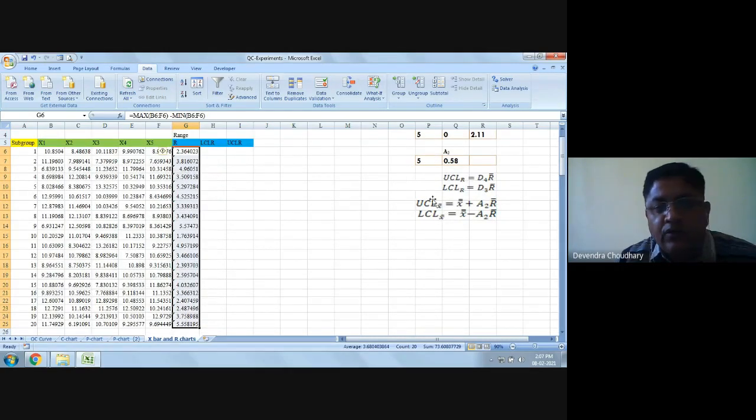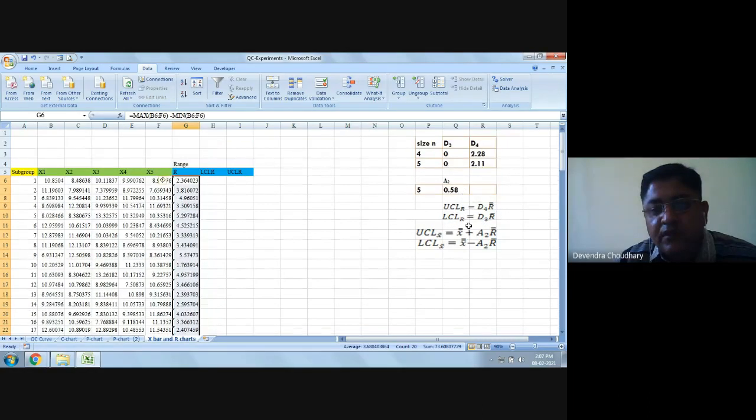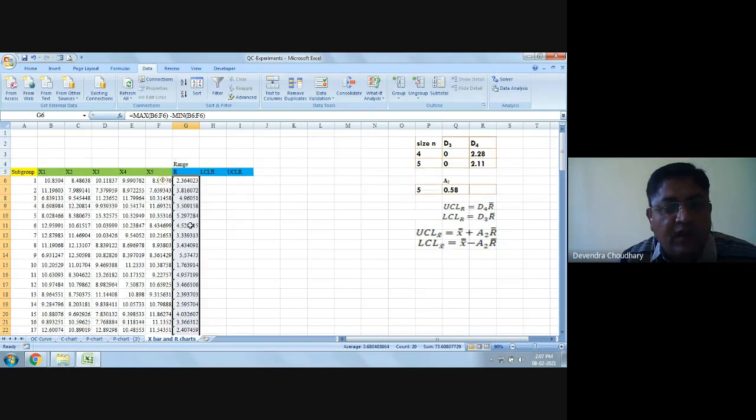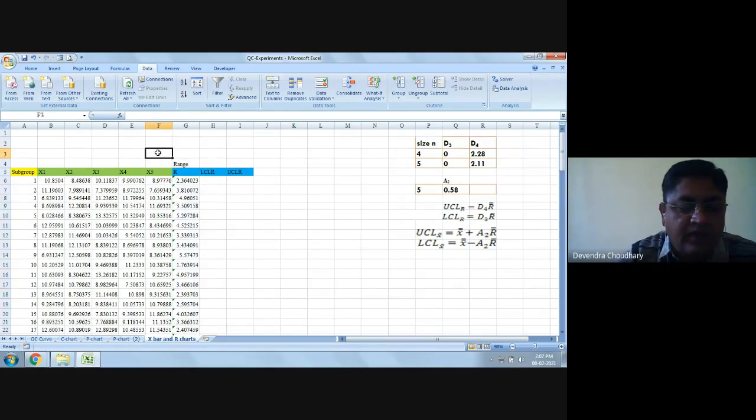Now the lower control limit of R chart is given by this relationship, that is D3 R bar. So till now we have calculated R values. Now we need to calculate the R bar value. So what is R bar?